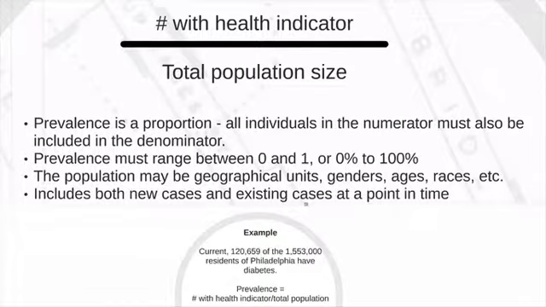If you look today, who has your health indicator of interest? What is the prevalence of smoking? What is the prevalence of HIV? What is the prevalence of breast cancer? Essentially, to make it simple, who would respond yes at this moment in time if you asked them, do you have this health outcome?